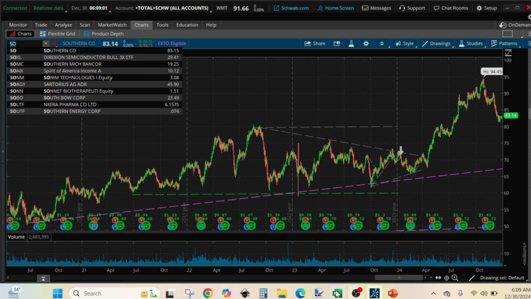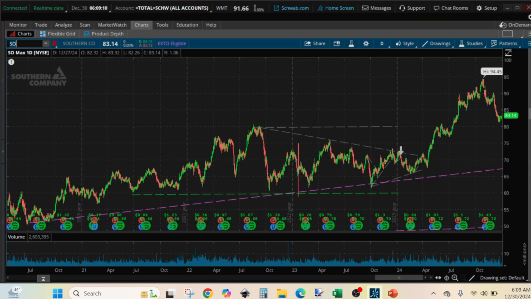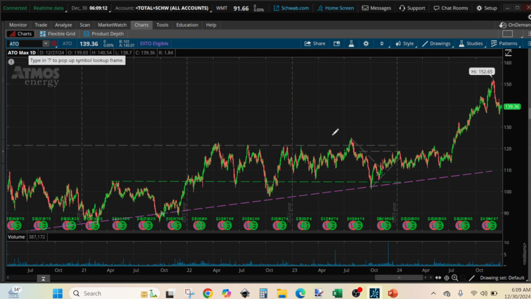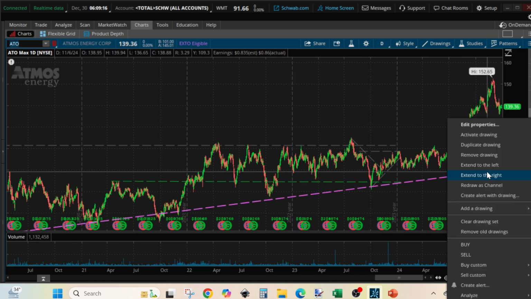Not near the trend line we like to enter. ATO. Not near the trend line yet.